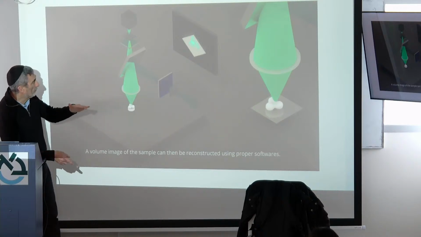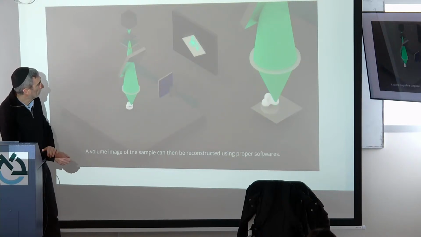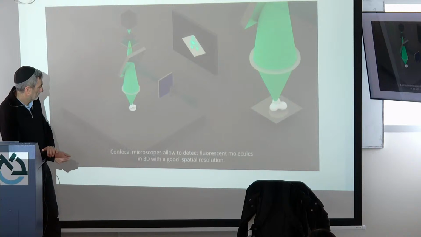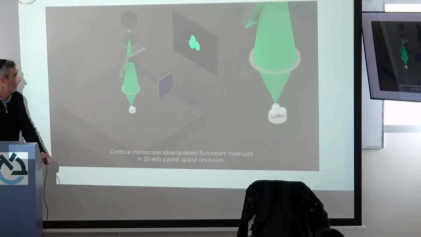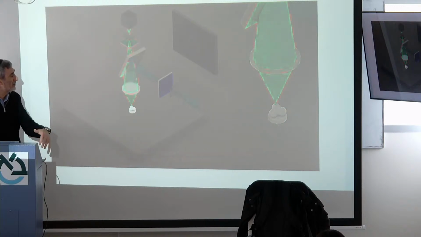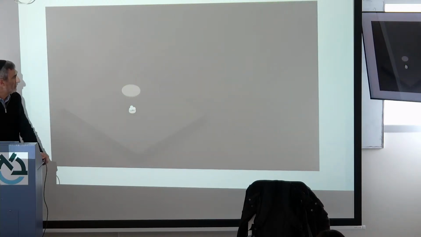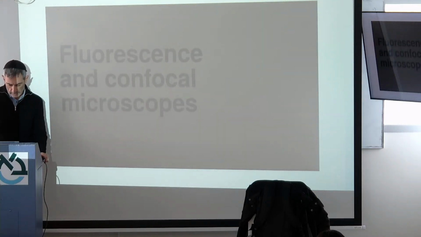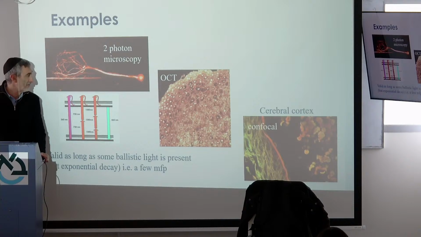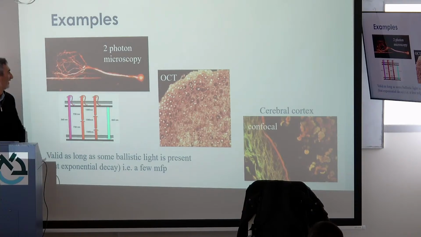By doing it layer by layer, you can get good spatial resolution here. And also you can do what is called tomography. That means you can map the object in 3D. Very cool.